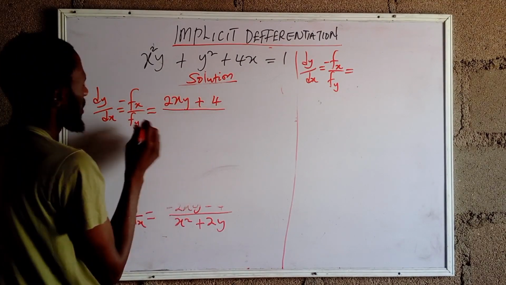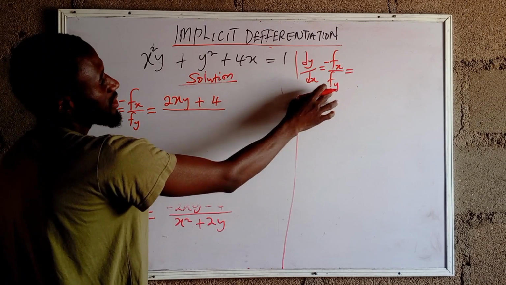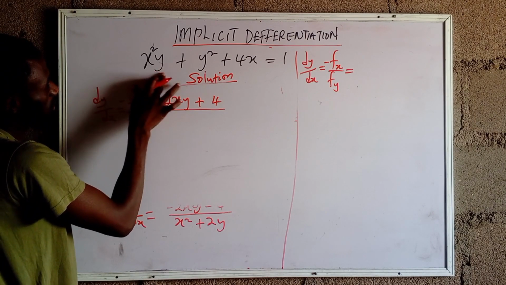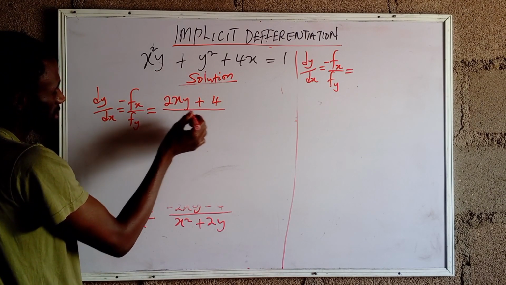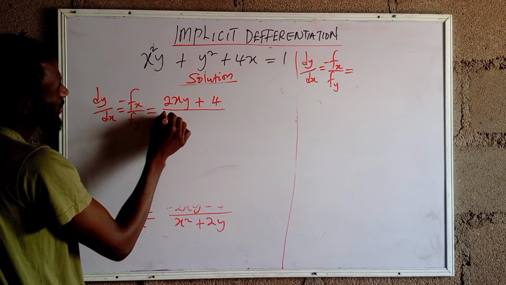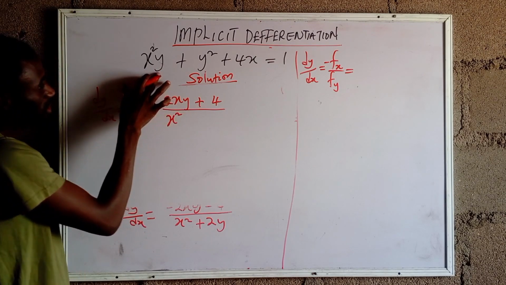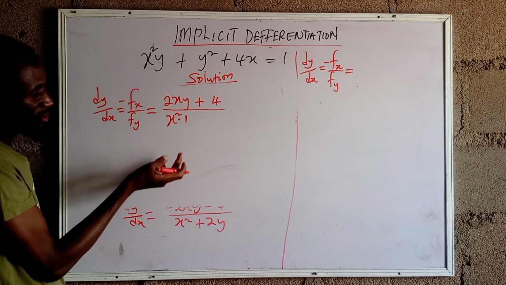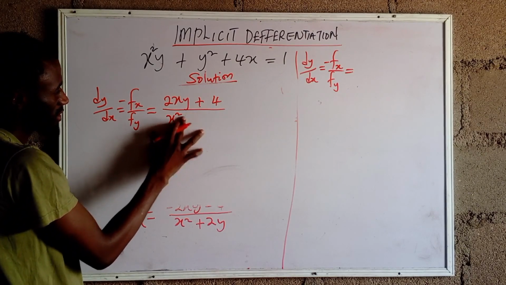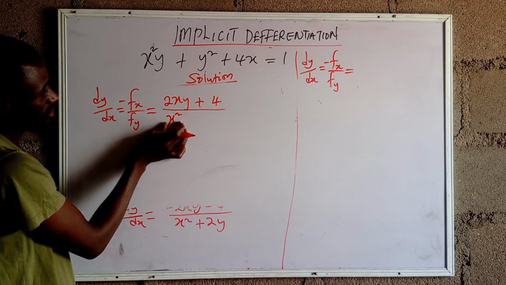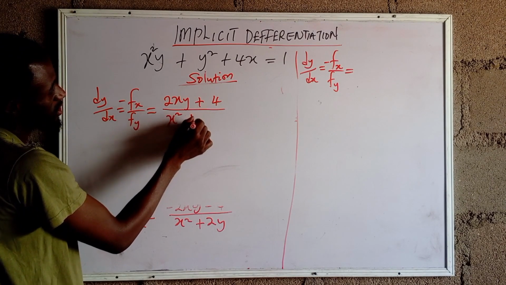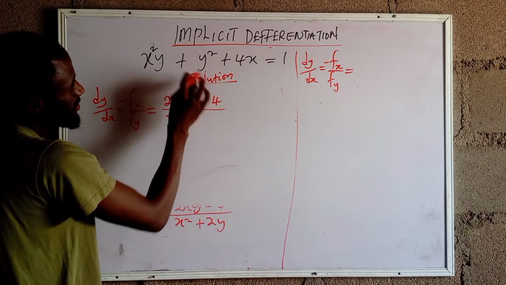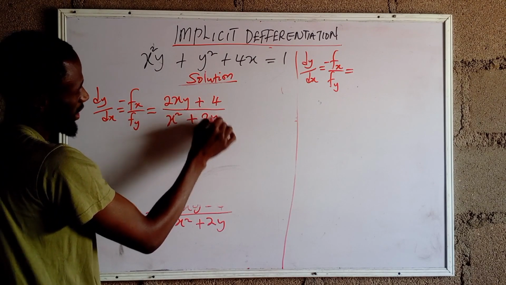Then all over, the next case, we take the function containing y. Here we have only x squared, since if you differentiate y you get 1, and multiplying with 1 leaves x squared. Plus this one is y squared, and if you differentiate it you have 2y.